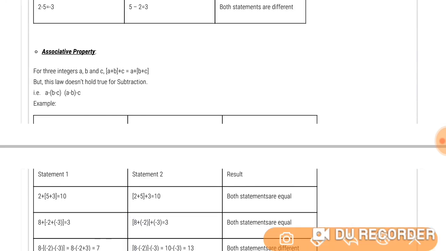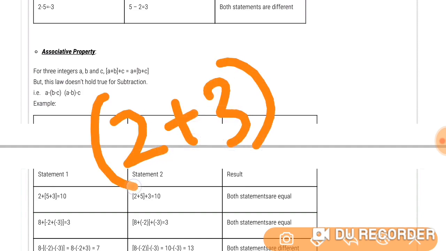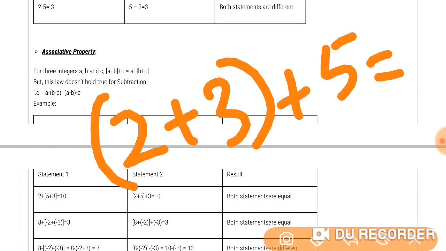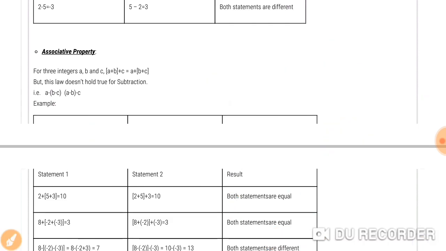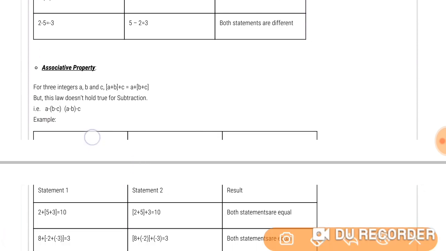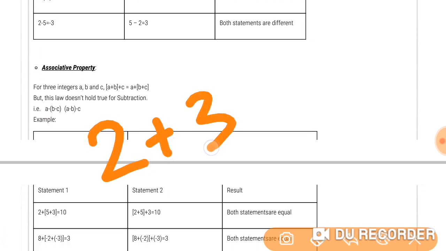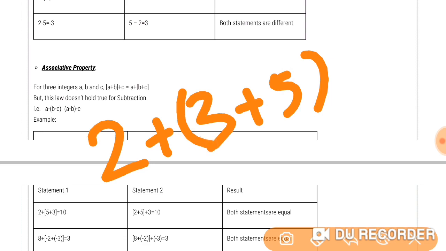So I'll take one example here for the associative property also. 2 plus 3, I'll group the 2 plus 3 first, and 5 I'll take. So what is the answer? First we have to add the numbers 2 plus 3 as 5, and you can write this 5 as it is. So the answer comes 10. Then if you add reversely, that means 2 plus 3 plus 5, group the 3 plus 5 here.